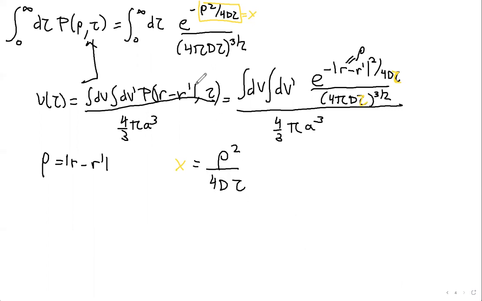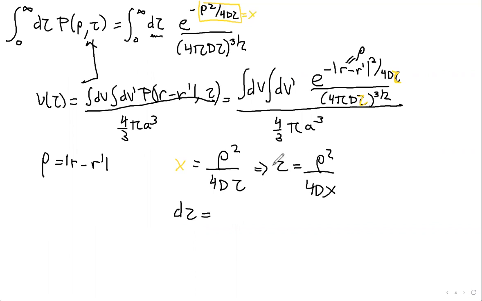Okay, so now this means that d tau, which I put here, d tau will be, so I pass tau to the left, I pass x to the right, and I take derivatives. So I will have that tau equals rho squared divided by 4 dx.